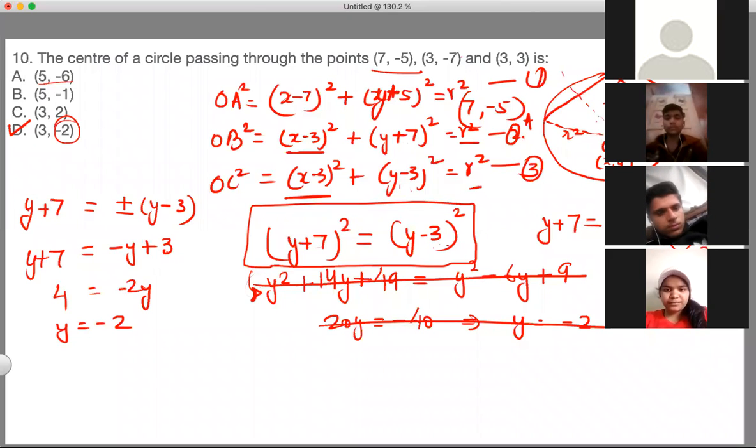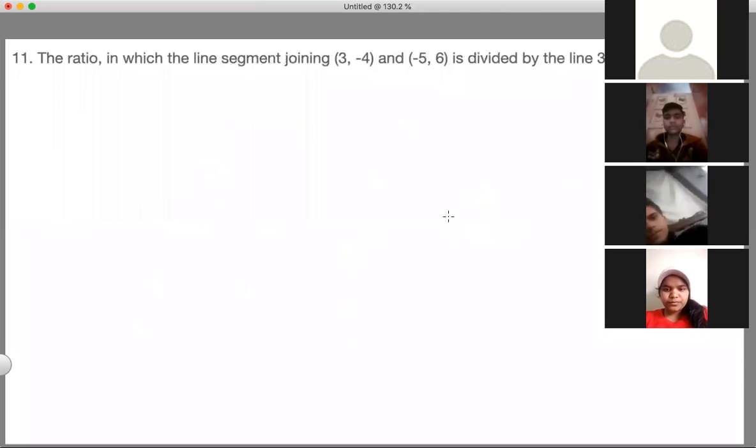Okay, so let's move on to the next question. The ratio in which the line segment joining (3, -4) and (-5, 6) is divided by the given line. तो हमें रेशियो ढूंढना है। Okay, so we are given a line segment.